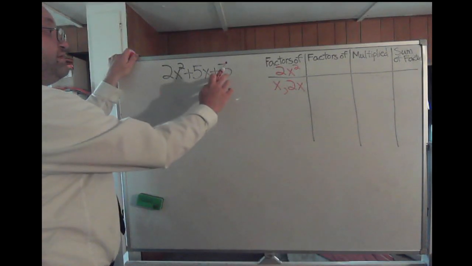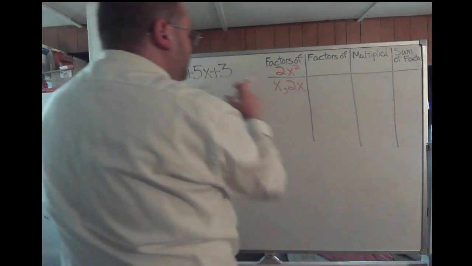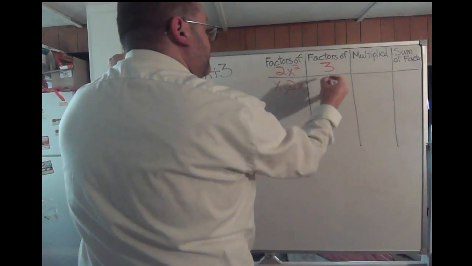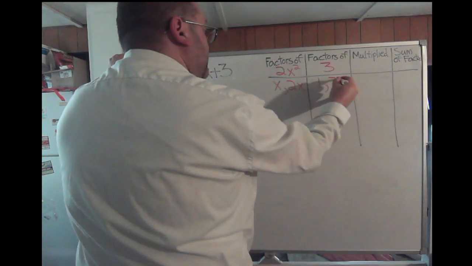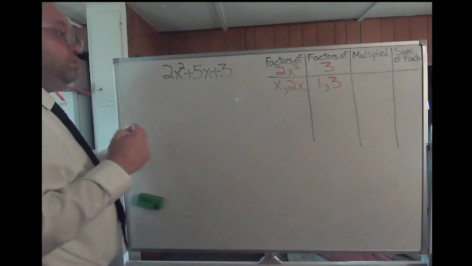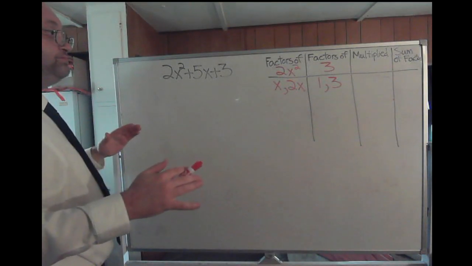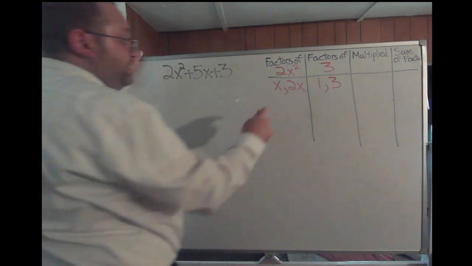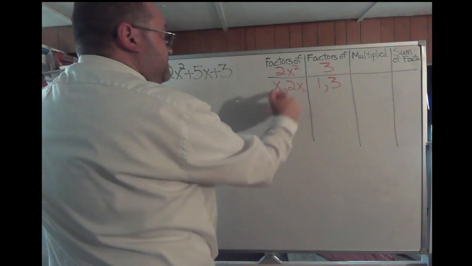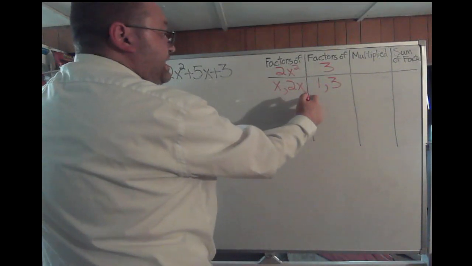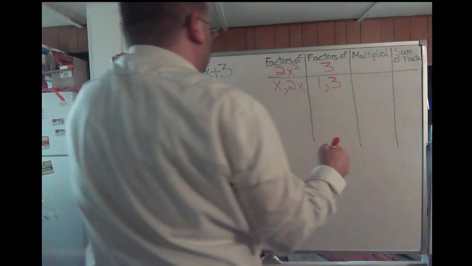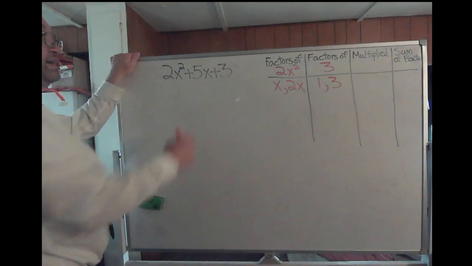Next, we need to find factors of the constant term 3. So factors of 3, well, that'd be 1 and 3. Now, we need to do this in such a way that when you multiply the factors of 2x squared and 3 together and then add them, you get the middle term of 5x.